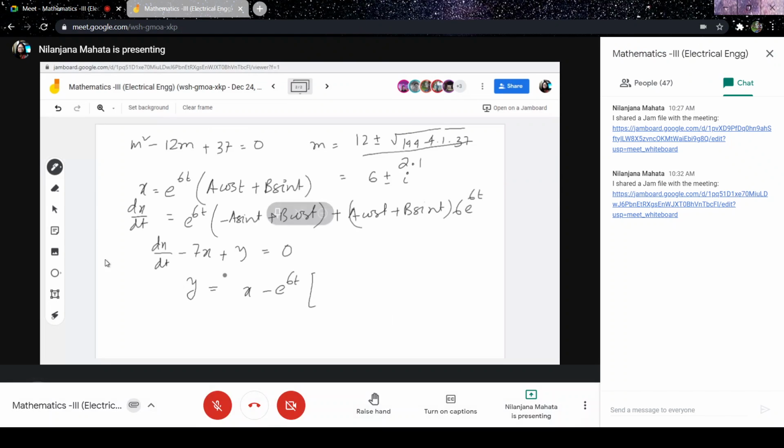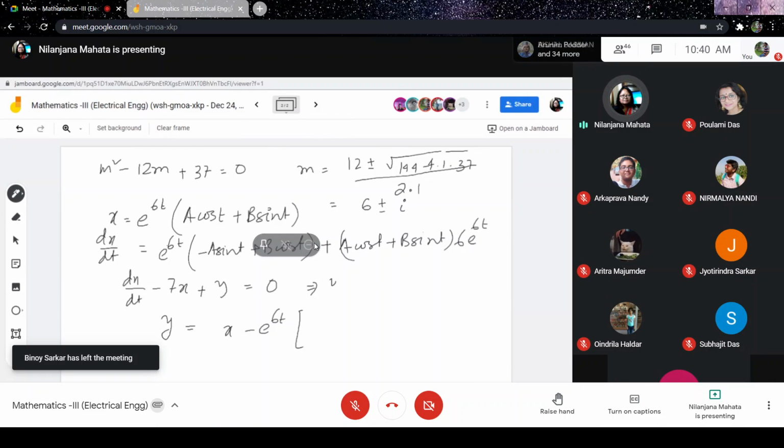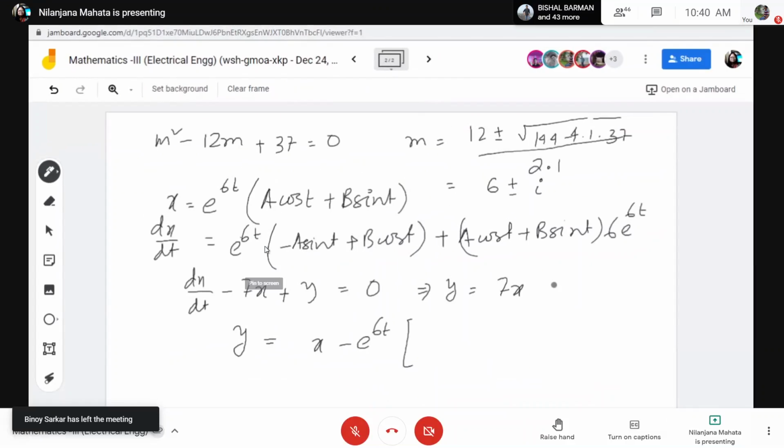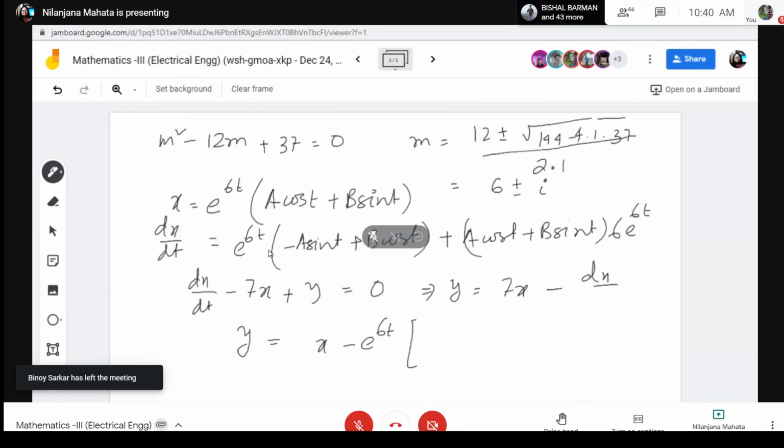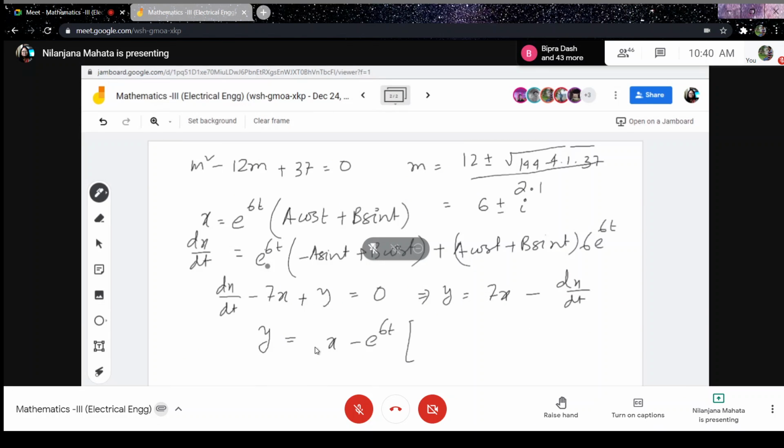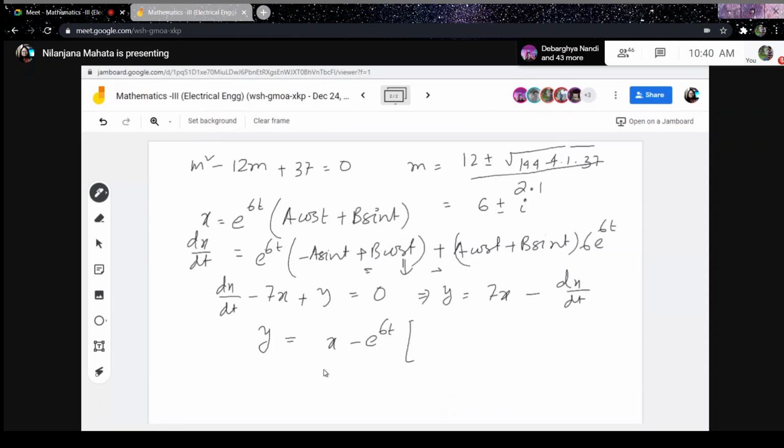Okay, and you can substitute the given equation, y is 7x minus dx/dt. This dx/dt is this term plus 6x. So this will be 7x minus 6x.